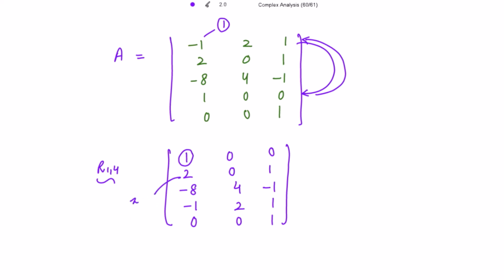To get 0 in place of 2, I am multiplying row 1 with -2 and adding its elements to row 2. So I am going to change row 2. Please remember, always make use of the row having the leading entry.